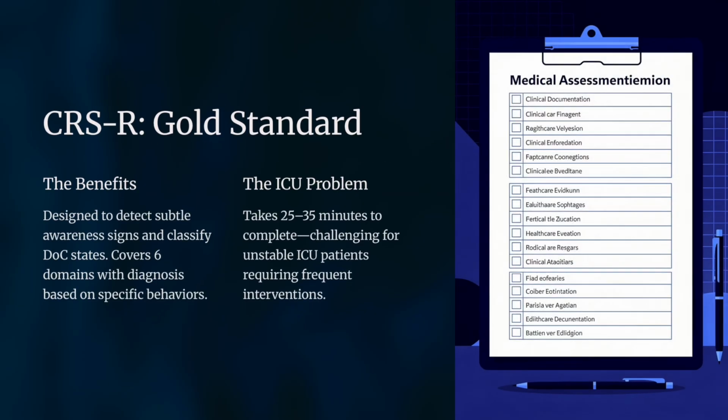Regarding the gold standard, it is the Coma Recovery Scale-Revised. This has the benefit that it is designed to detect subtle awareness signs and classify them into 6 domains, with diagnosis based on specific behavior, and it's quite time-consuming. It takes around 25 to 45 minutes to complete and is challenging for unstable ICU patients.